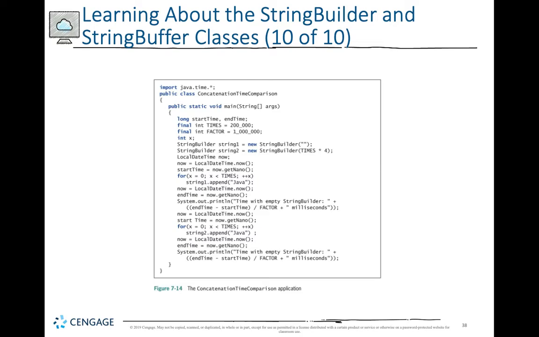Now, this is where you want to use string builder. You would not want to say string equals new string plus Java 800,000 times; you would definitely see a blip in your memory. But with string builder, the power behind this is that it lessens the amount of memory that you're going to use.